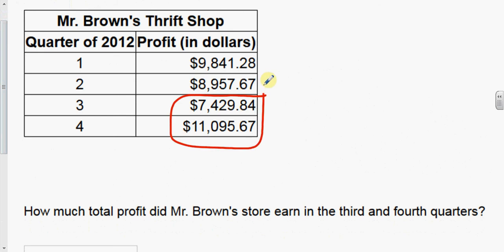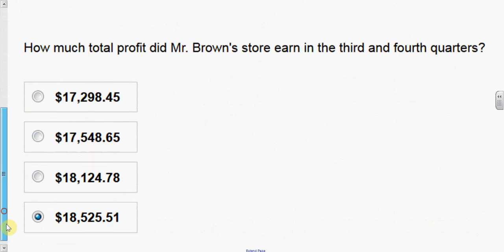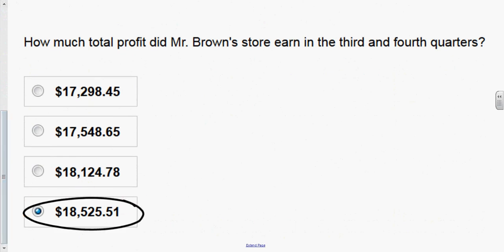So you add those two numbers up, and just on your calculator, when you add, we get $18,525.51. So that's that number there.